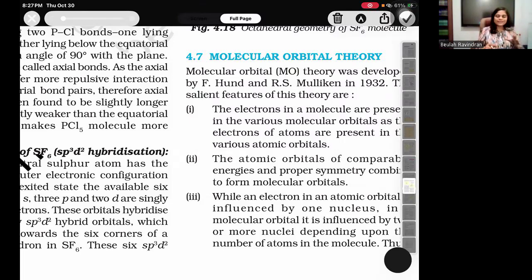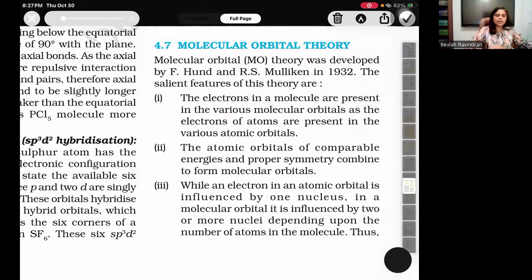It describes molecular structure and bonding by analyzing the interaction of atomic orbitals to form molecular orbitals. That is the idea. It was developed by Hund and Mulliken in 1932, so keep this year in mind. This is very important.